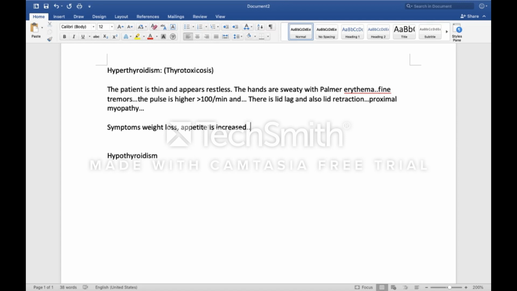Other things, there will be hyperthermia. Many of these patients are self-aware of their heartbeats, which is called palpitations. They also present with diarrhea.